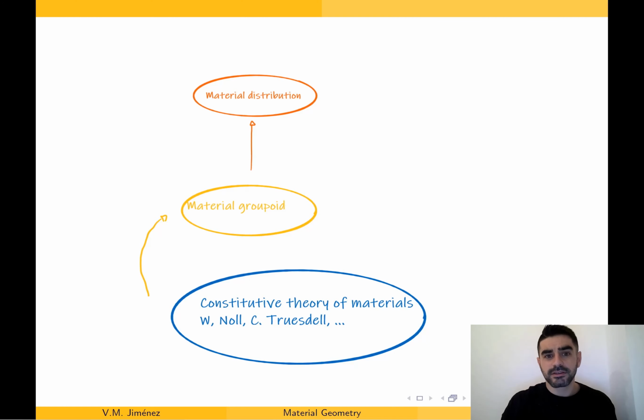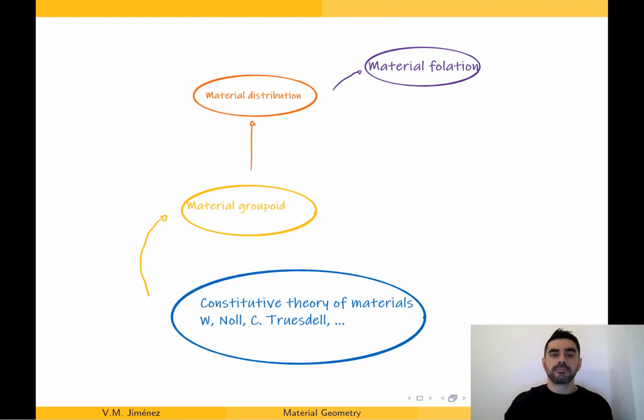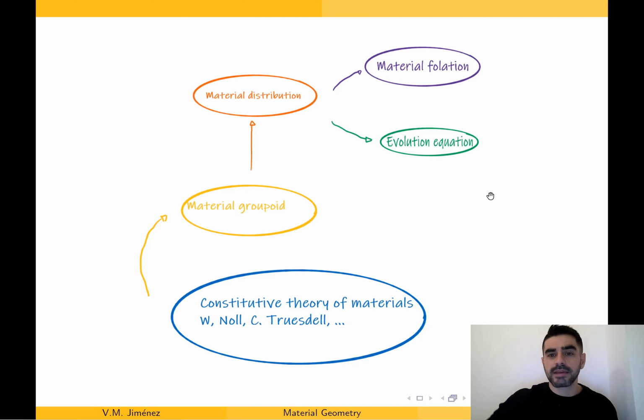In addition, it is differentiable. Another important point of this distribution is that it is also integrable. So we have the associated foliation, which is called the material foliation. And finally, by using the construction of this distribution, we obtain the so-called evolution equation.